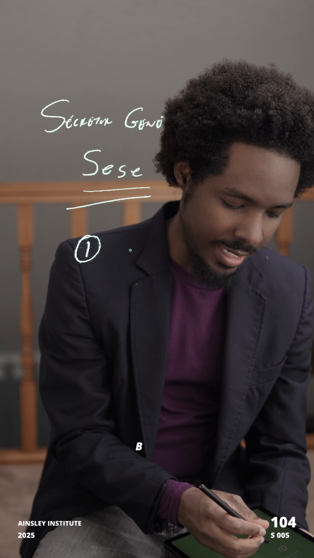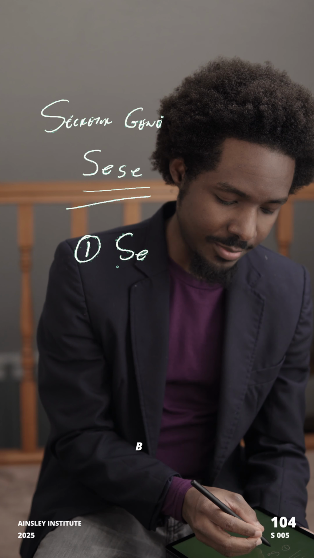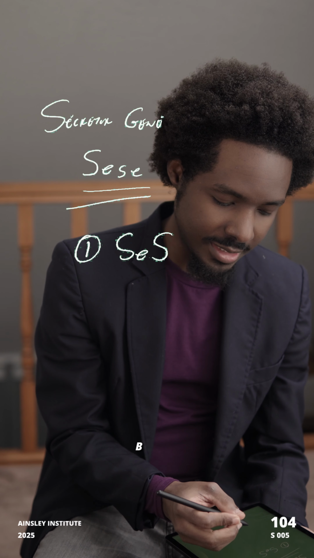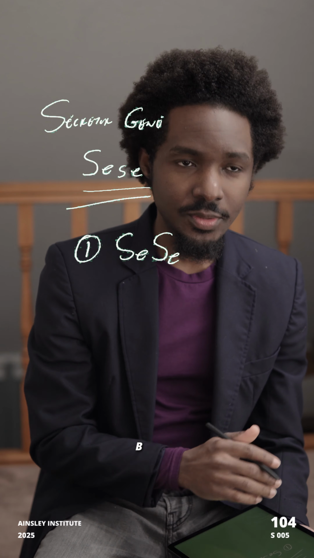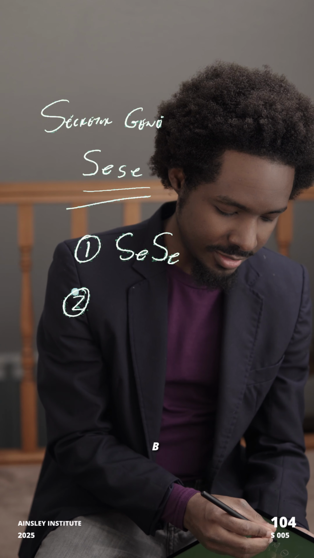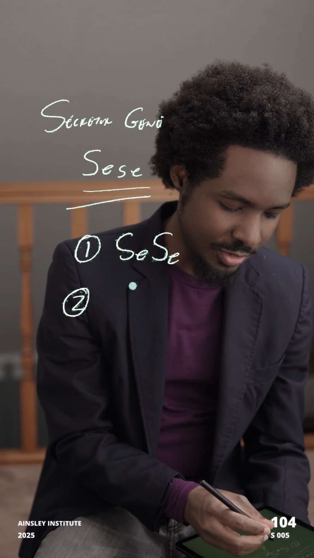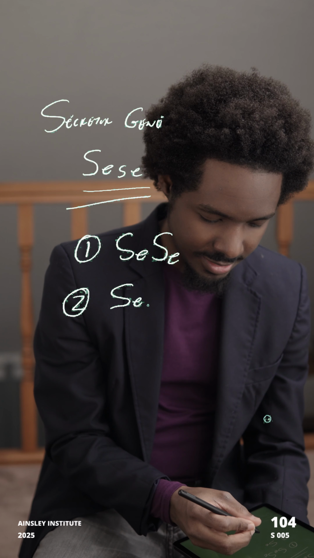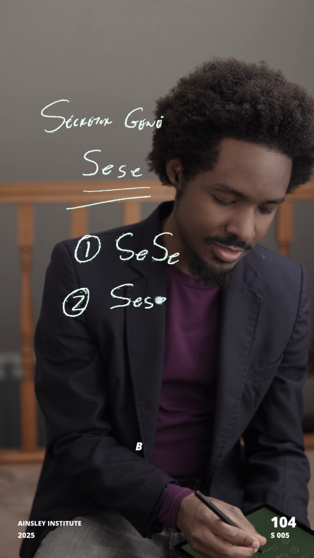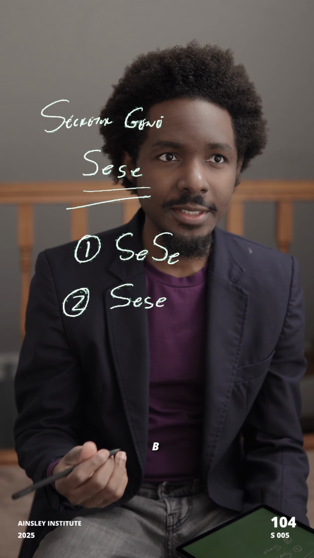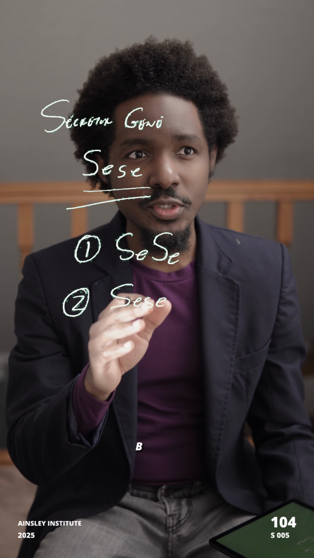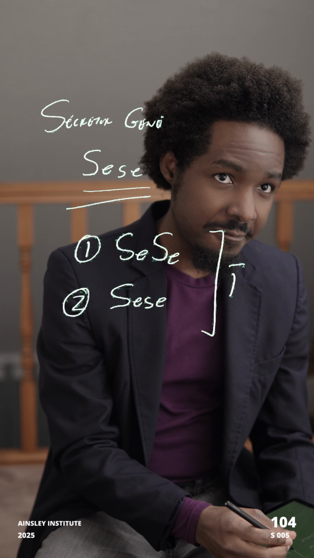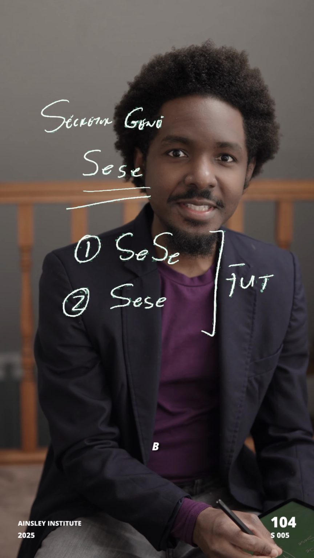You can have capital S, capital E, capital S, capital E. Then we have capital S, capital E, lowercase s, lowercase e. So with this, you have the secretor. You can also have the secretor with capital S, lowercase e, lowercase s, lowercase e. All right? So the inheritance of the SE gene, we spoke about this, the FUT2.